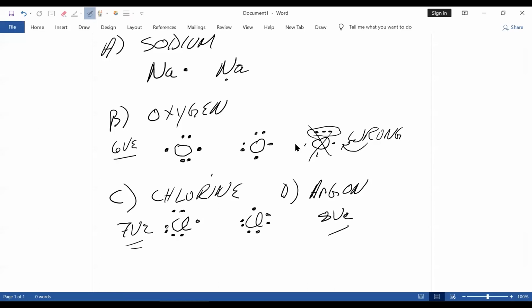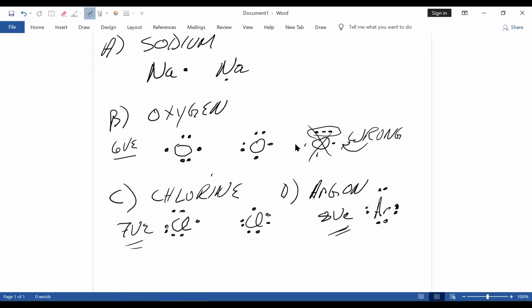You don't have to write this, I do. Chemical symbol Ar, 1, 2, 3, 4, 5, 6, 7, 8. So the Lewis structure for argon is 8 valence electrons, and each side has 2.